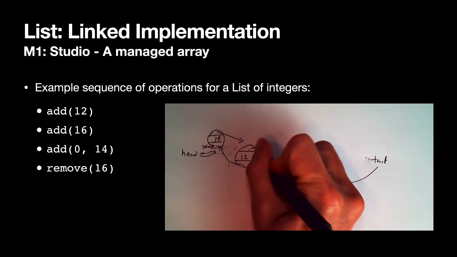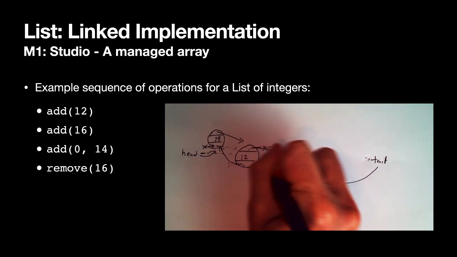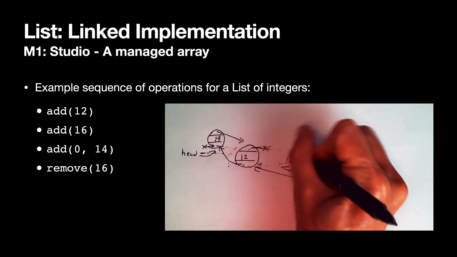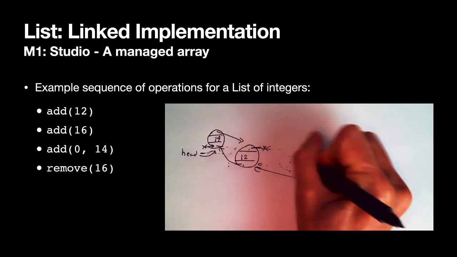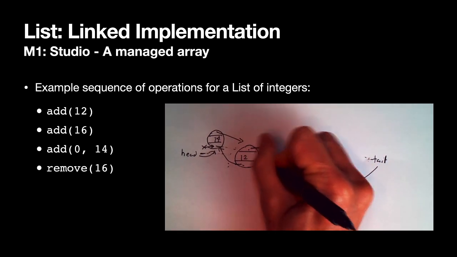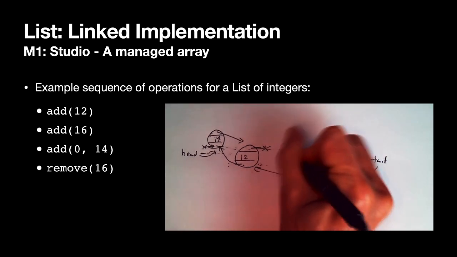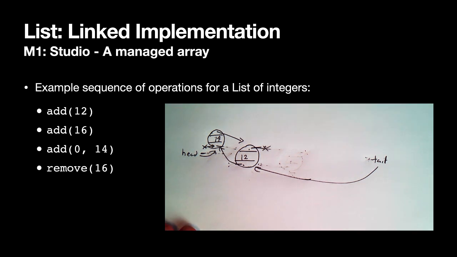I'm going to go ahead and erase it from my diagram here. Java would do a process called garbage collection, and if there's nothing that refers to an object, it will automatically get rid of it for us eventually. Okay, and so with that, we've gone through 3 adds and 1 remove.